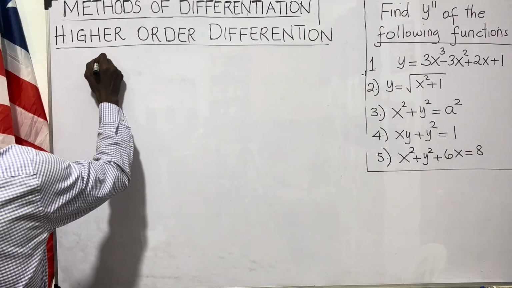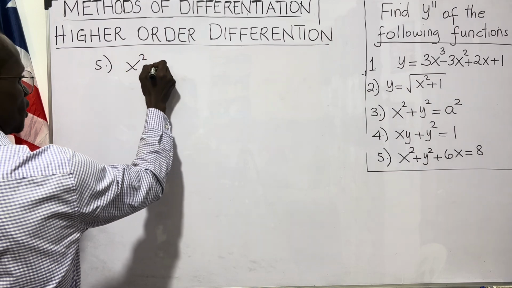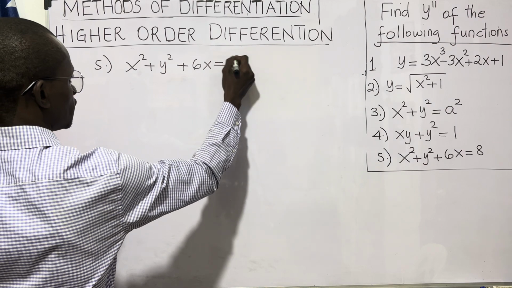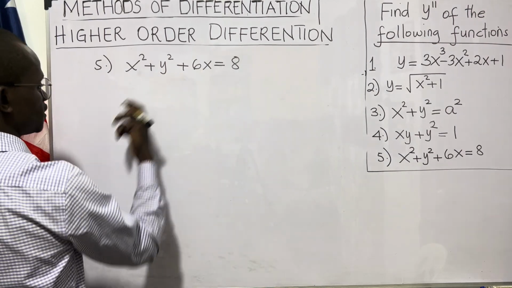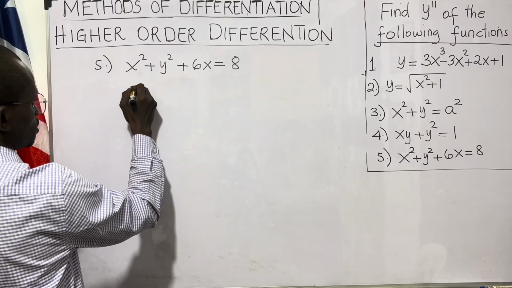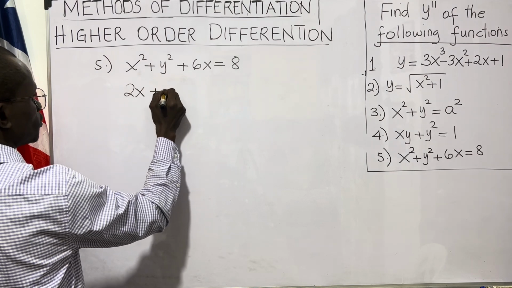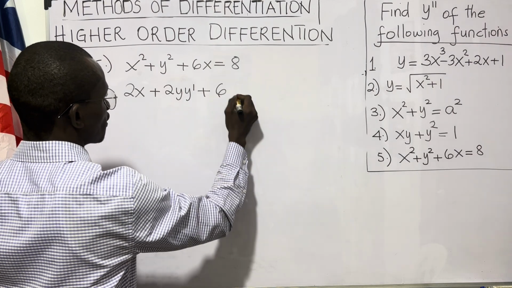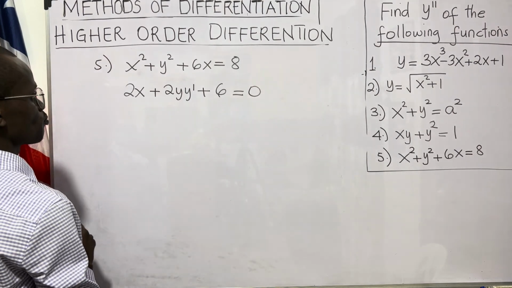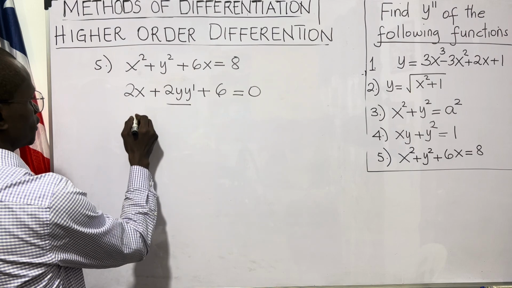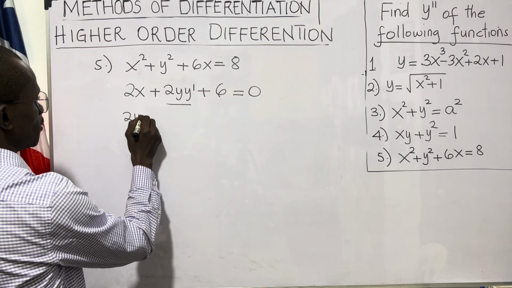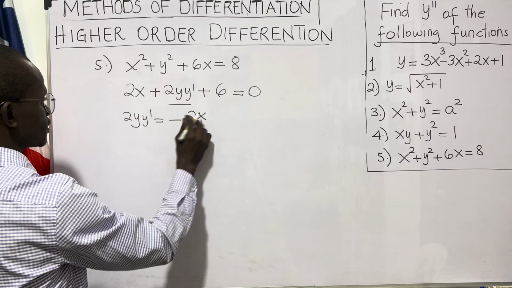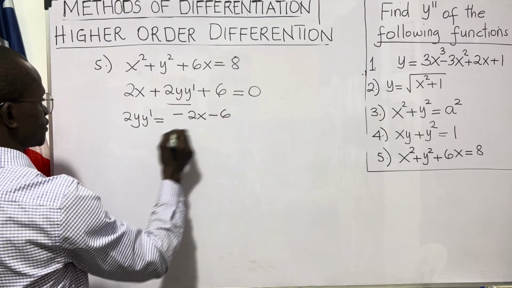The last problem says x squared plus y squared plus 6x equals 8. We differentiate this with implicit differentiation as well. So we get 2x plus 2y times y prime plus 6 equals 0. We solve for y prime. So 2y times y prime equals, we send them across, negative 2x minus 6.